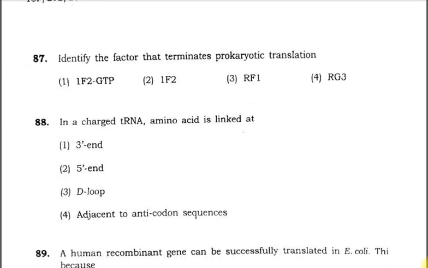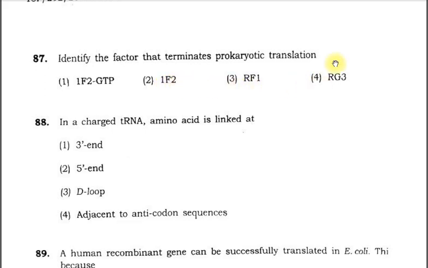Question number 87. Identify the factor that terminates prokaryotic translation. The option number 1 is IF2 GTP. Option number 2 is IF2. Option number 3 is RF1.